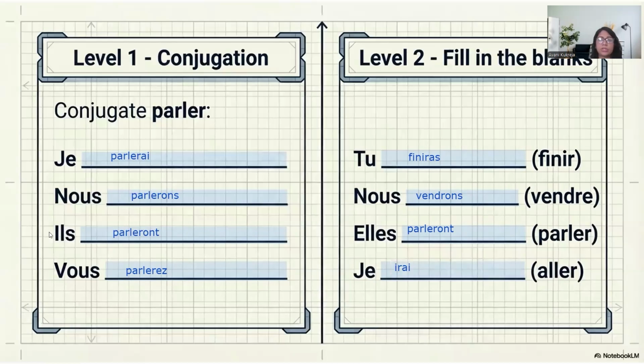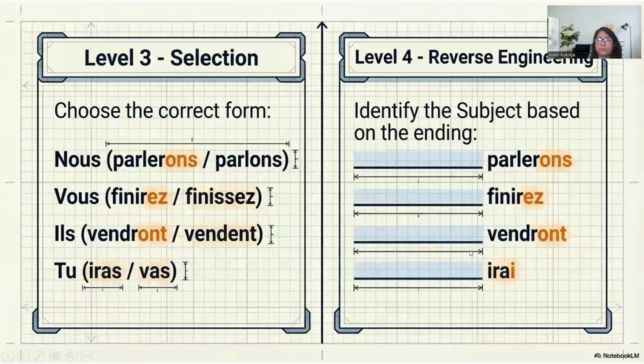Okay, moving on. Okay, let's choose the correct answer. Now we have to choose the future form. Nous, which one is correct? First one. Vous, first one, finirez. Il, first one. Tu, first one.